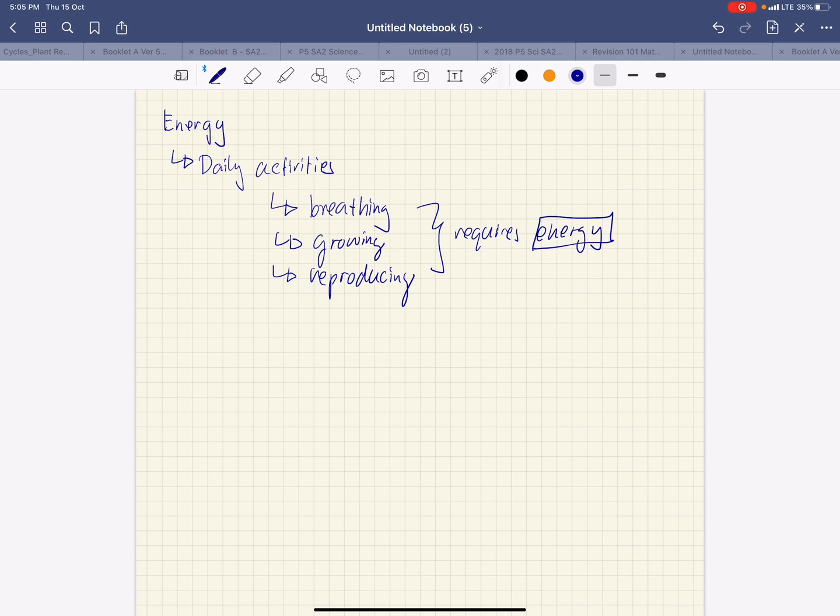The energy that we get comes from the food that we eat. When we ingest this food, we cannot straight away obtain energy from it.